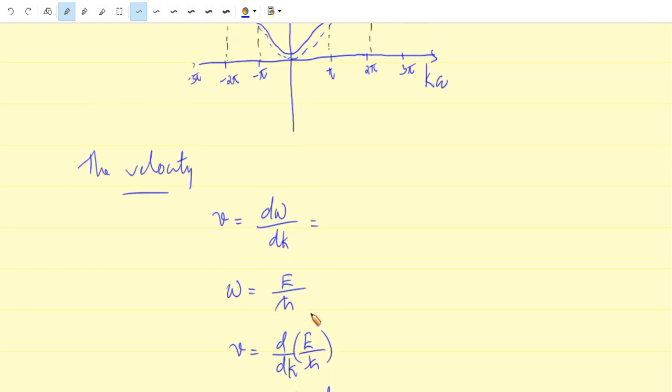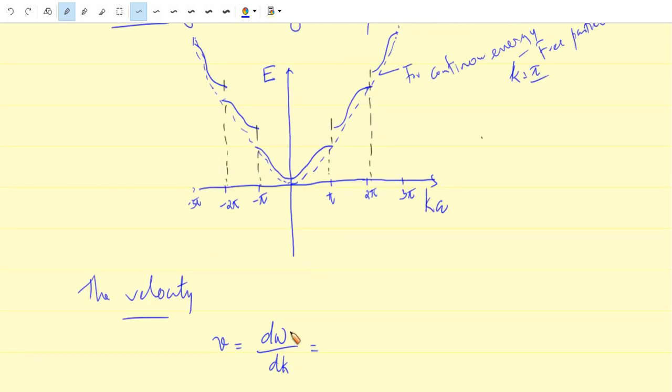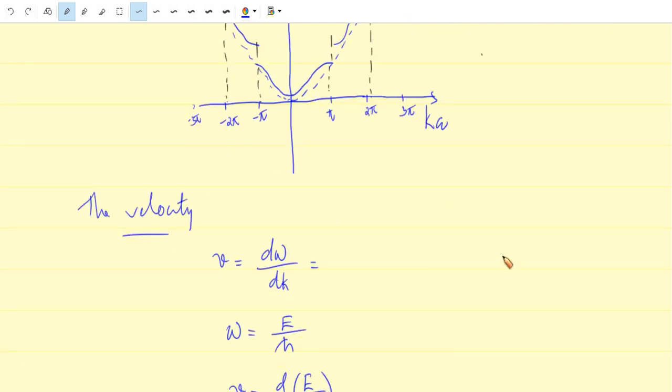So from this E-k diagram, we will get velocity. It is proportional to the slope of this curve. Let me draw this energy versus k diagram in the first Brillouin zone. This is the first Brillouin zone, and these two regions correspond to the second Brillouin zone.